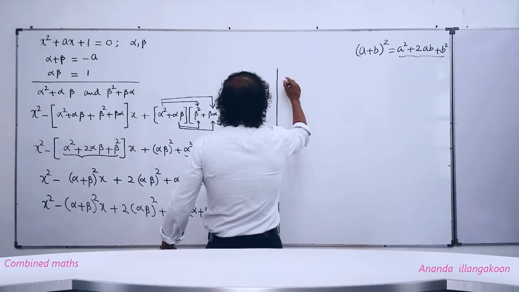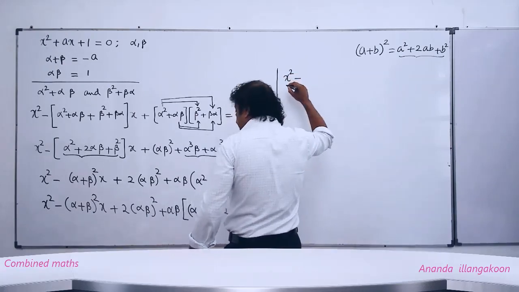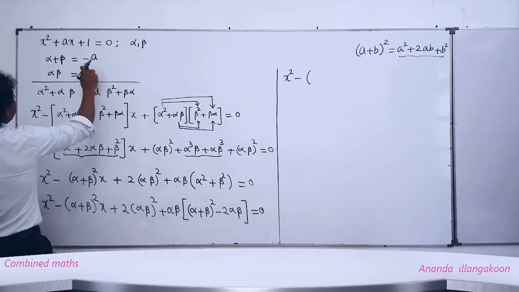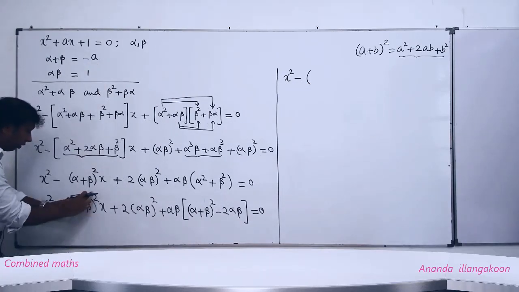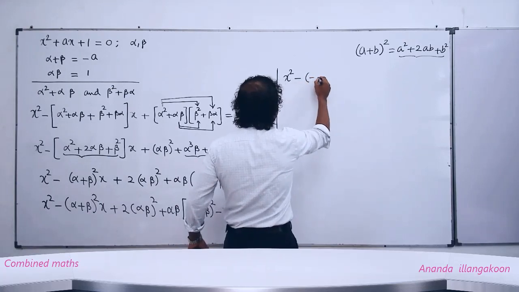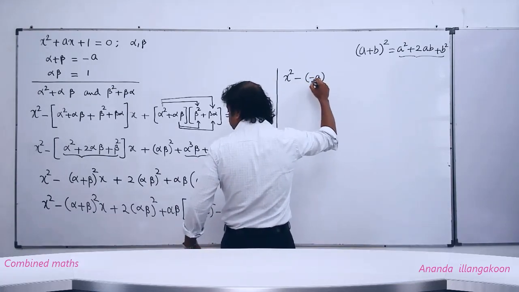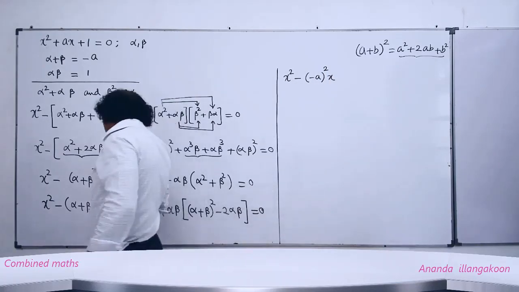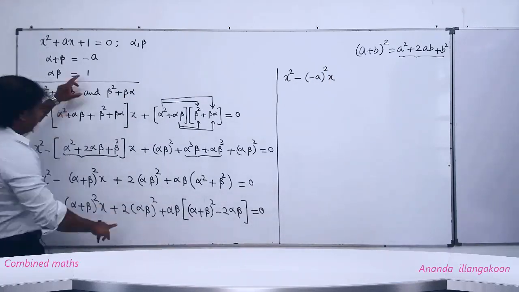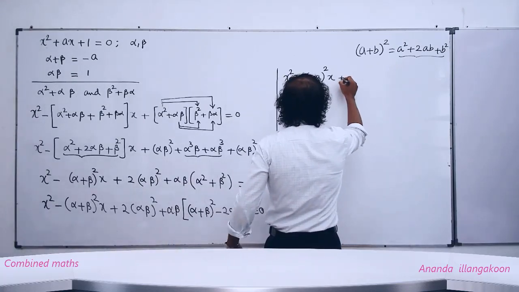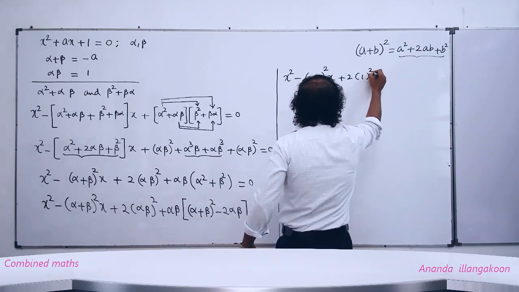x squared minus alpha plus beta, it's minus c, and then minus c perfect square, no, minus c perfect square times x. Here alpha beta is 1, 2 into 1 squared.